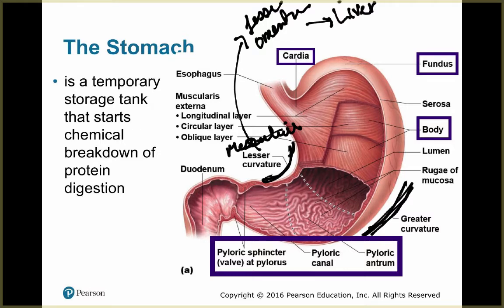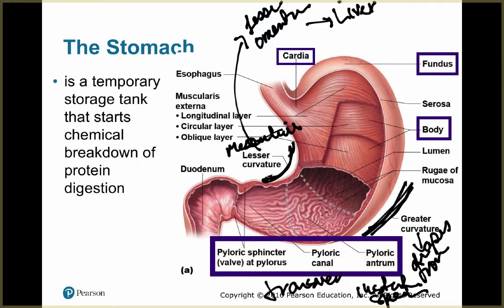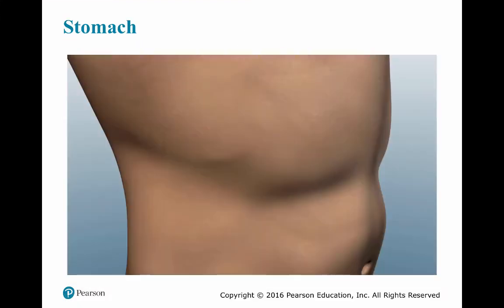And the greater omentum is going to drape from the greater curvature, and basically drape over the intestines, the spleen, and the transverse colon. So that's basically the anatomy of the stomach.